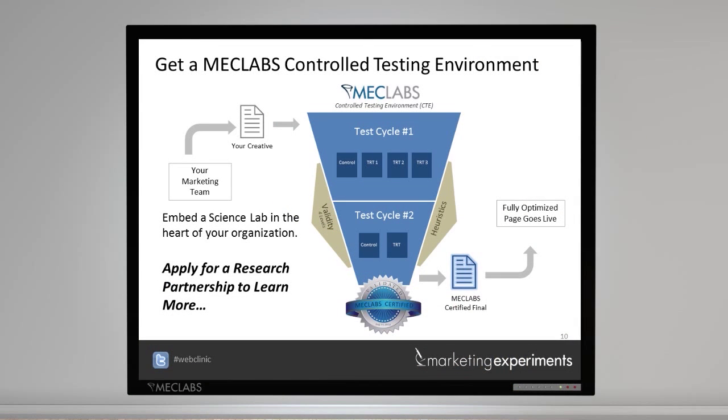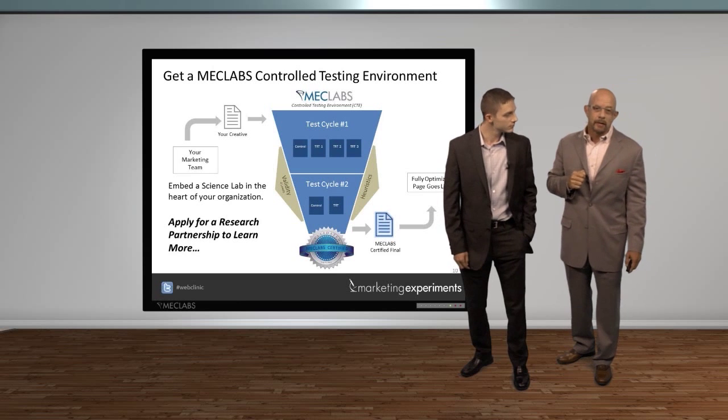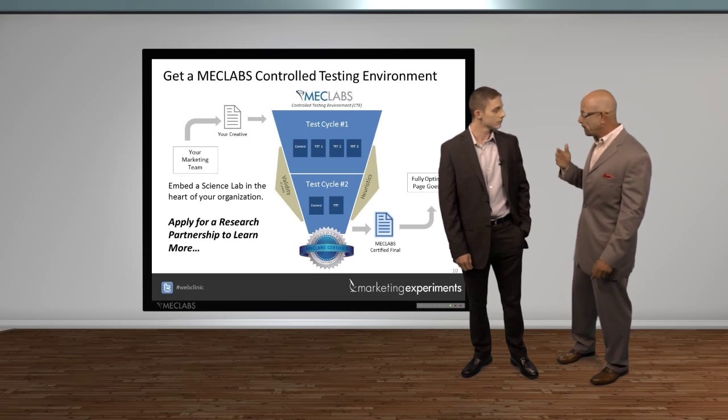It is not enough to run a test. It is not enough simply to have a little tool on your site or have some preliminary metrics. You need a controlled testing environment where you've eliminated the possibility of multiple validity threats that could help you think that you're achieving a result, or that you're gathering useful data, when in fact the data you're gathering is flawed because of some problem in your process.